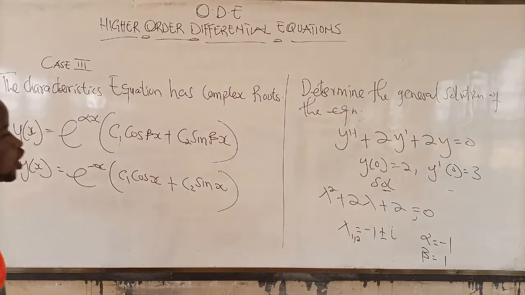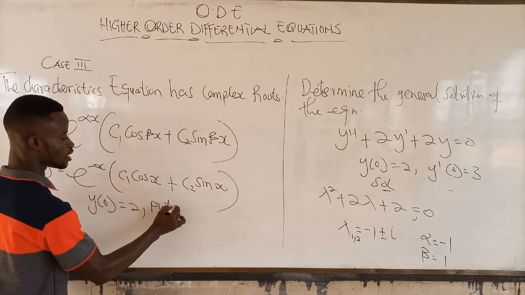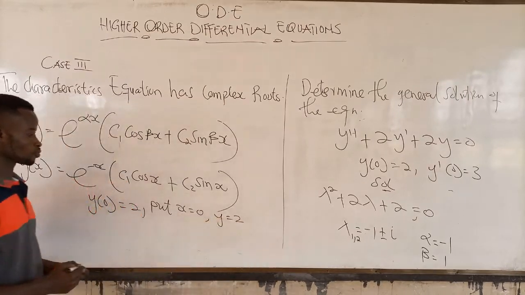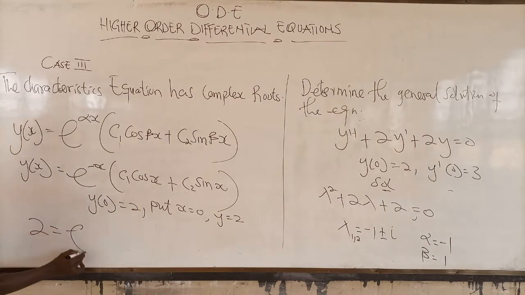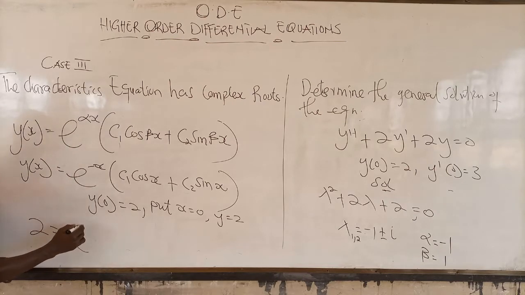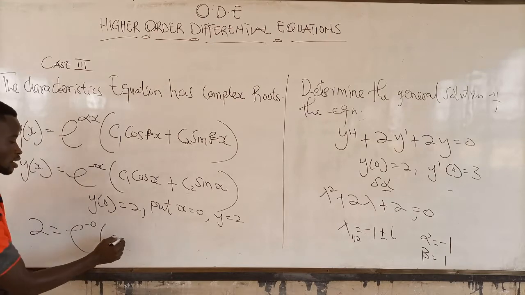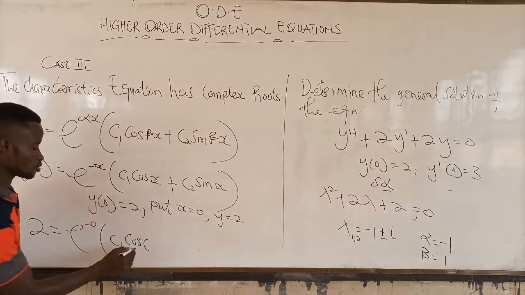So first of all, we can do the substitution of y of 0 is equal to 2. So this means that you put x equal to 0, y equal to 2. So we get 2 is equal to e raised to the power negative 0. Wow. Any number raised to the power 0 is 1. C1 cos 0.